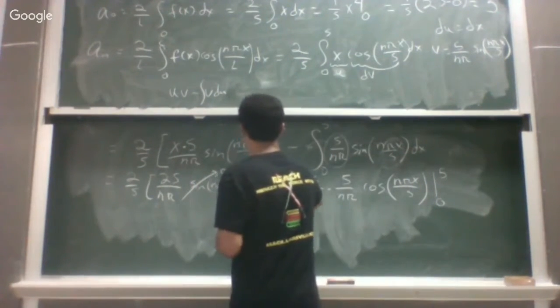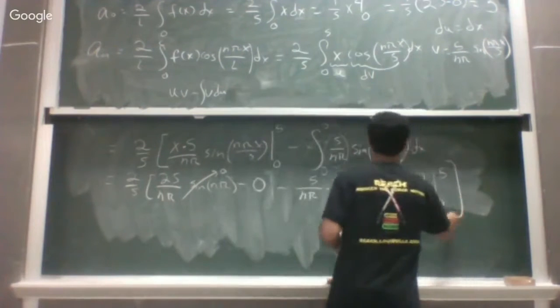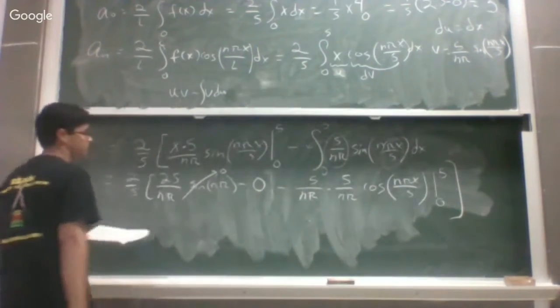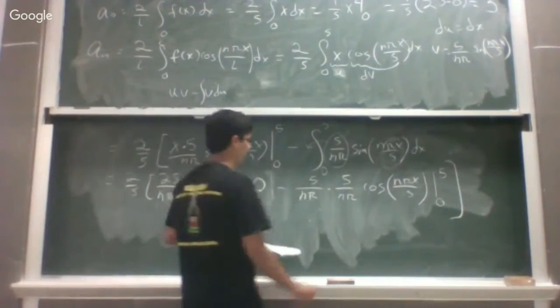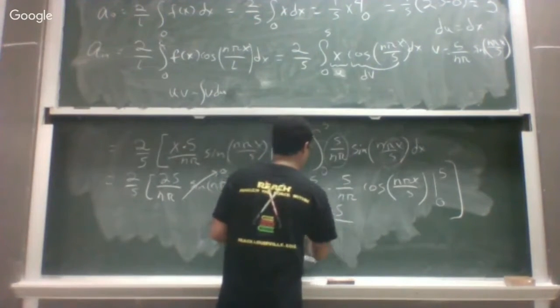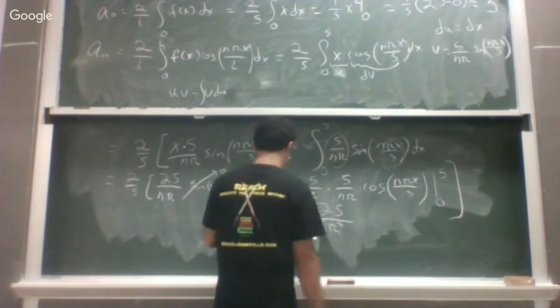And this whole thing is multiplied by 2/5 from the outside. So this here is 25 over n squared pi squared.